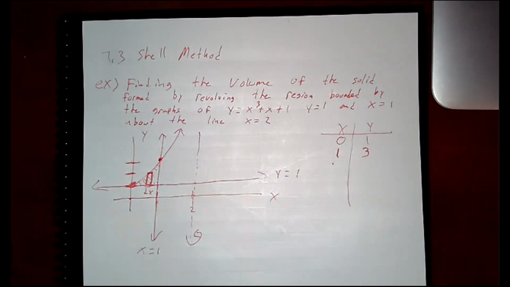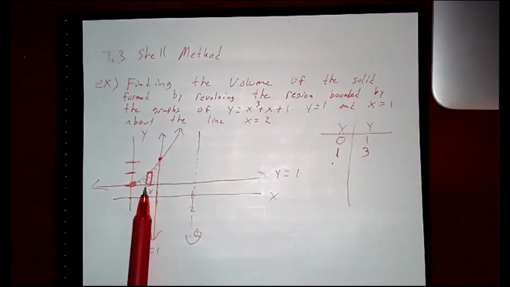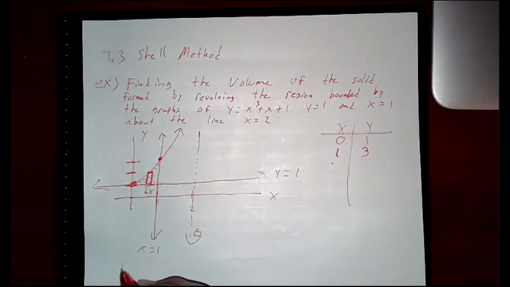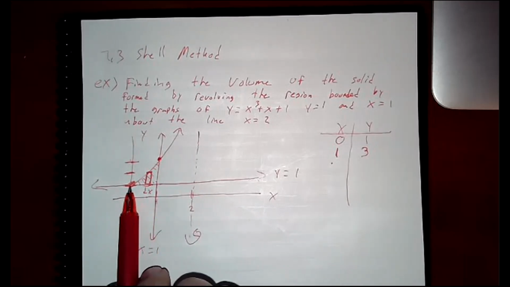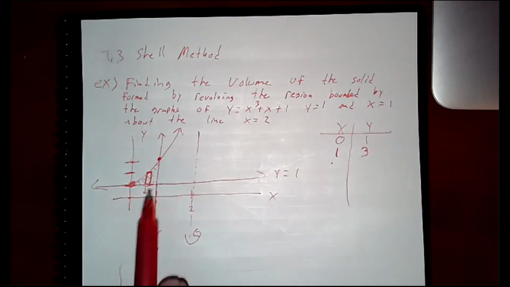So I'd have to solve for y. So this decision to slice this way tells me to do dx, and then you look at the rotation, which tells me shell. So shell method, right? And since it's dx, it's going to be from 0 to 1, right? Rectangles go this way. 0 to 1.